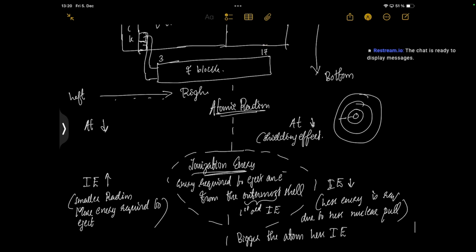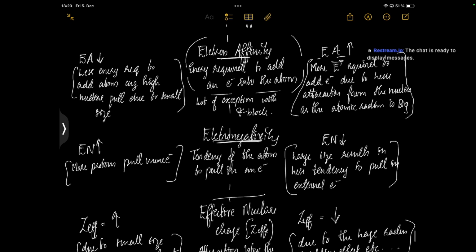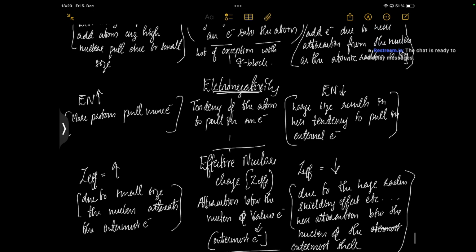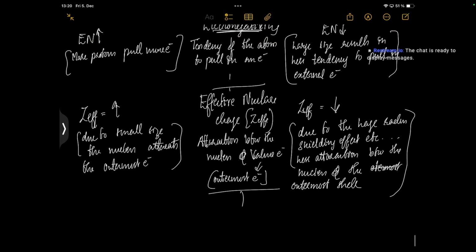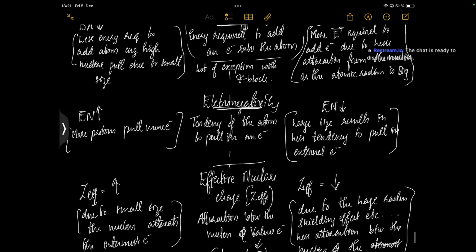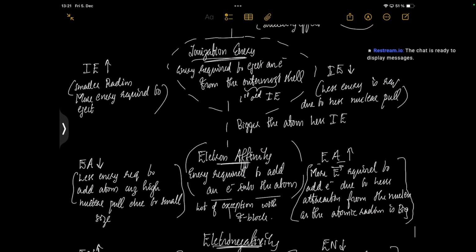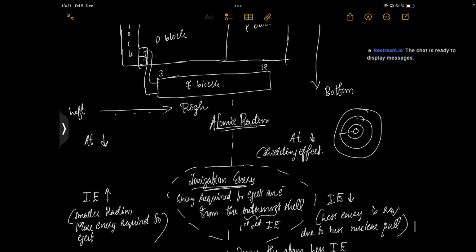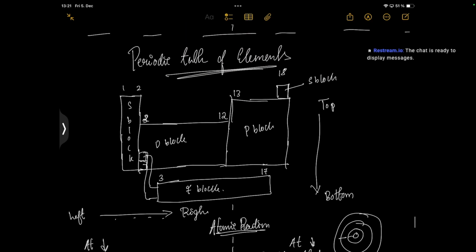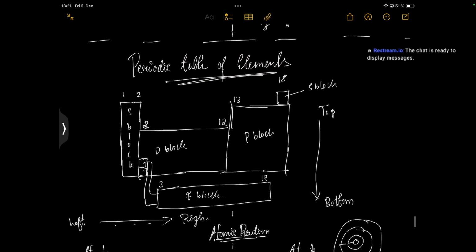But this is most of the trends that are seen in the periodic table: effective nuclear charge, electronegativity, electron affinity, ionization energy, atomic radius. And yeah, this is basically what the periodic table looks like.